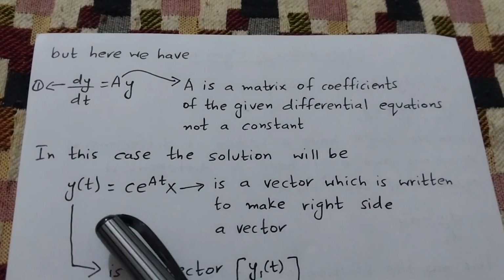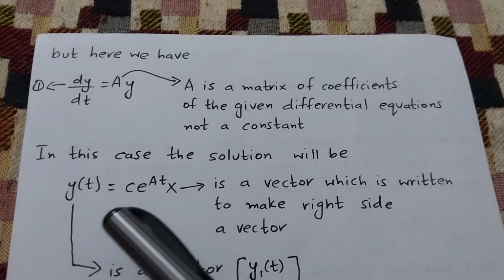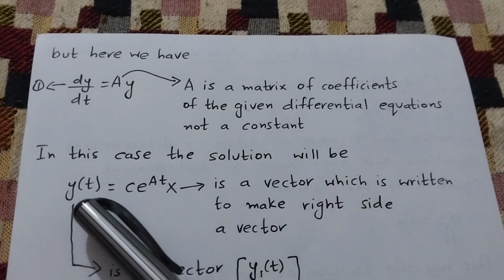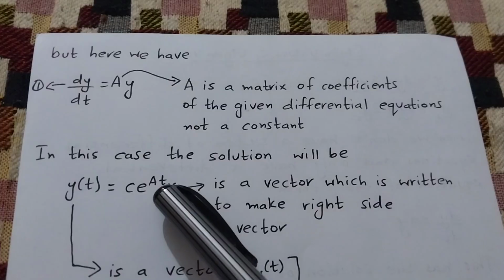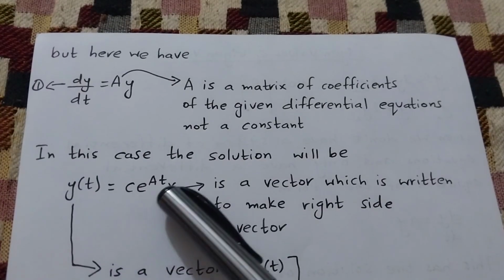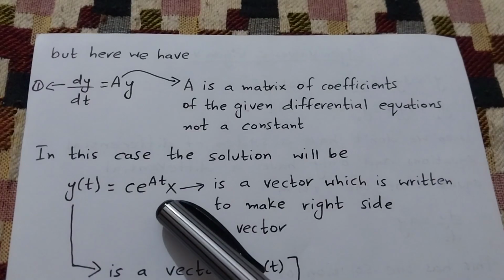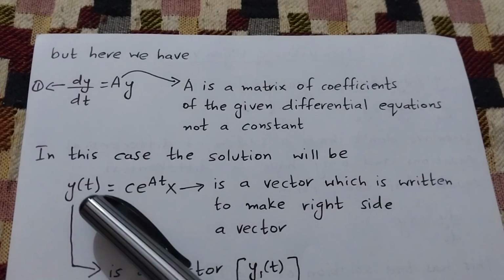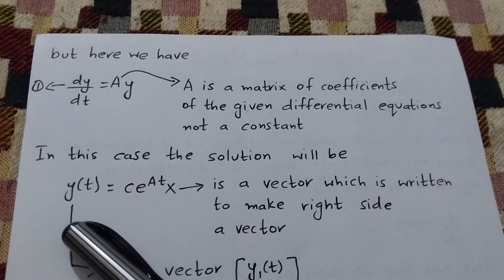So in this case, the solution would not be exactly like when we had a single differential equation. It would be like y of t is equal to c into e raised to power capital A into t into x. And what is this capital X? It is a vector basically, which has been multiplied to make the right hand side a vector, because the left hand side is a vector. y of t is not a single function.